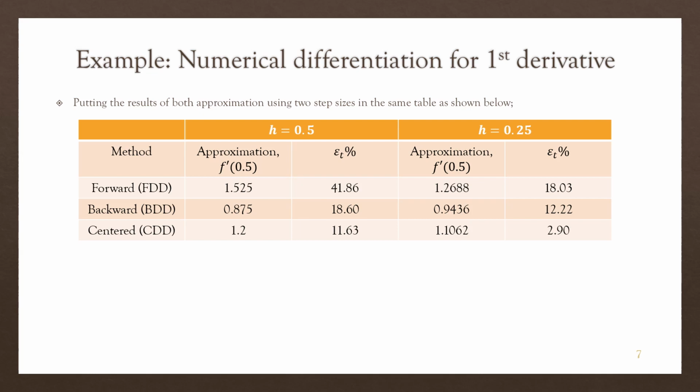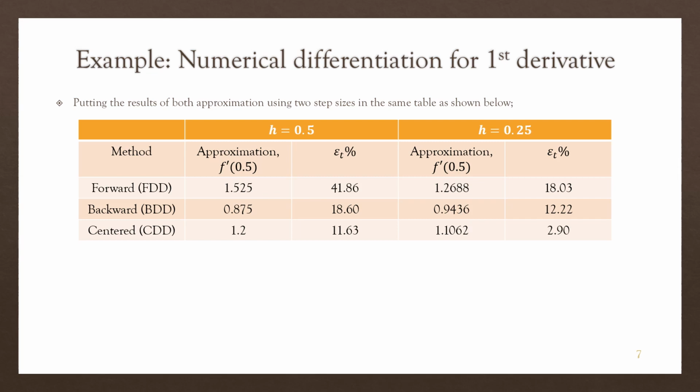And you can see the centered divided difference. Before you reduce the step size, the error is already small. In fact, the error is a lot smaller than the FDD and BDD. And the error of the CDD using h equal to 0.5 is still smaller than the approximation of the FDD and BDD using h equal to 0.25.